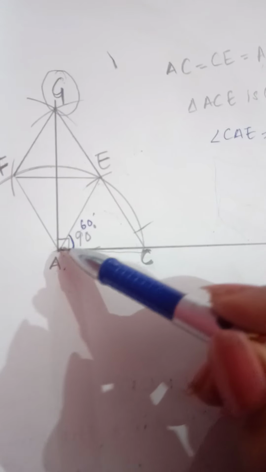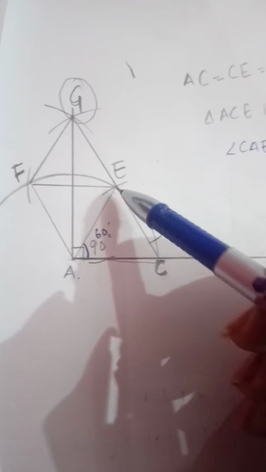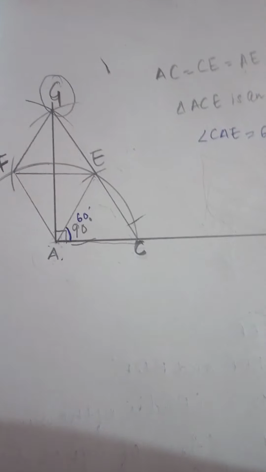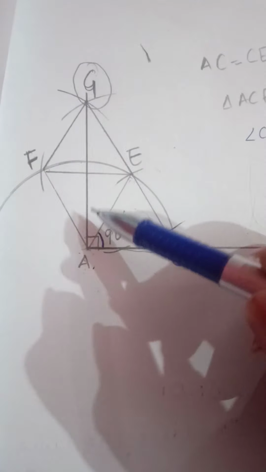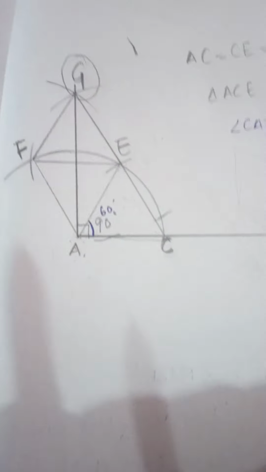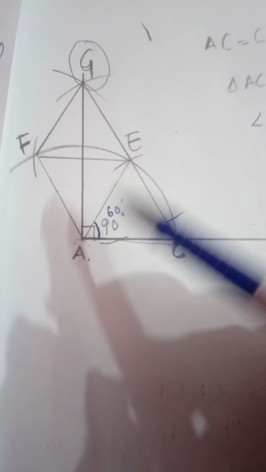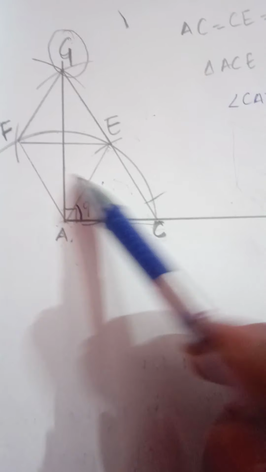Similarly, triangle FEA is also an equilateral triangle. Why? Because this side was constructed the same way, so sides AF equals AE equals FE.